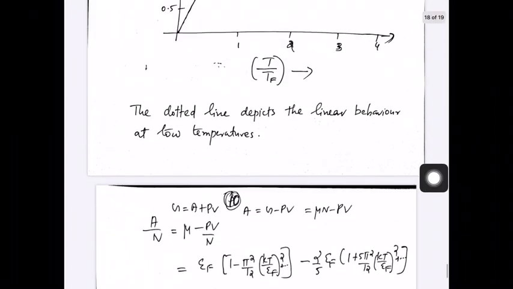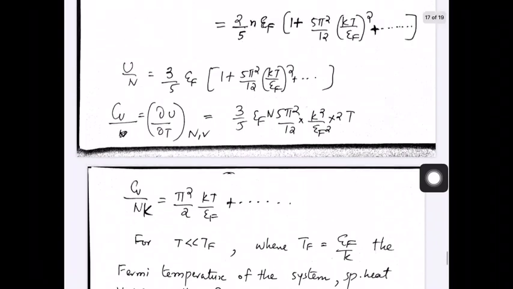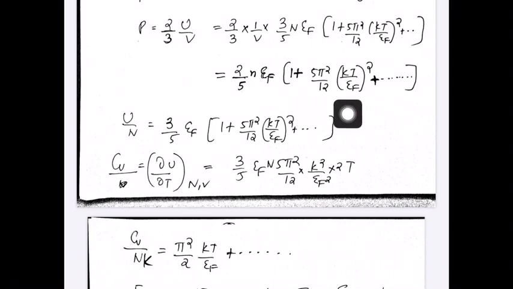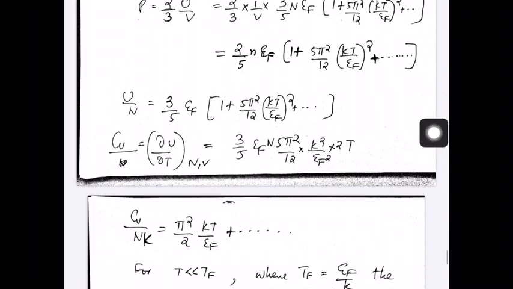Now PV by N. Where do I get PV from? We know P equal to 2 by 3 U by V, given by this expression. So PV by N will be 2 by 5 epsilon f times 1 plus 5 pi square by 12 times kT by epsilon f whole square. This also can be written as T by Tf whole square, in terms of the Fermi temperature.